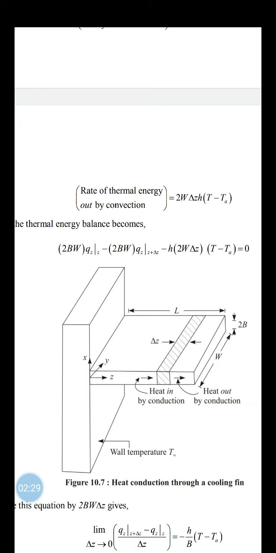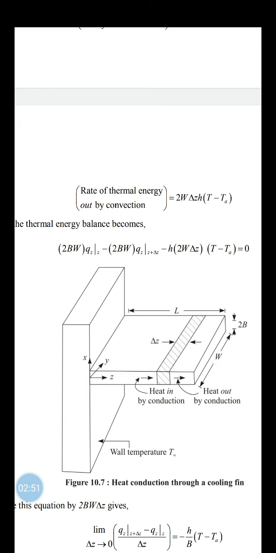The rate of thermal energy in by conduction will be qz at z. This is heat flux, so you have to multiply by area. What will be the area through which you consider thermal energy in by conduction?